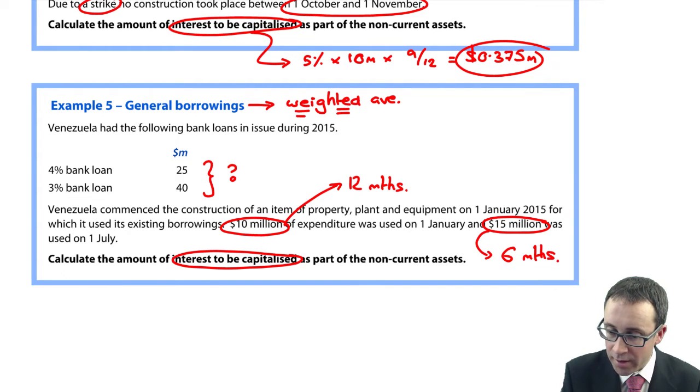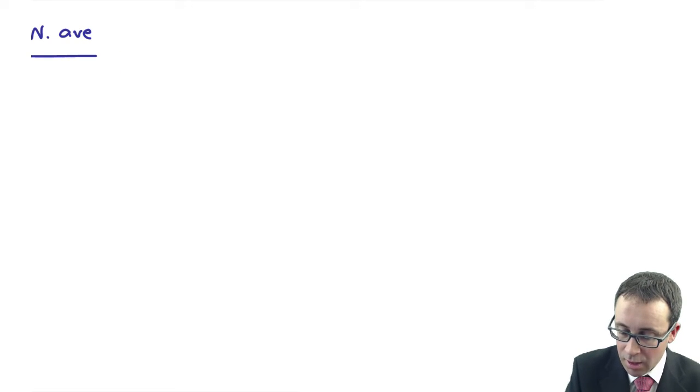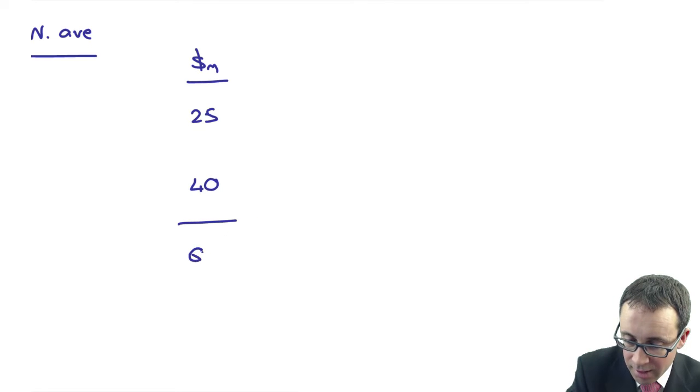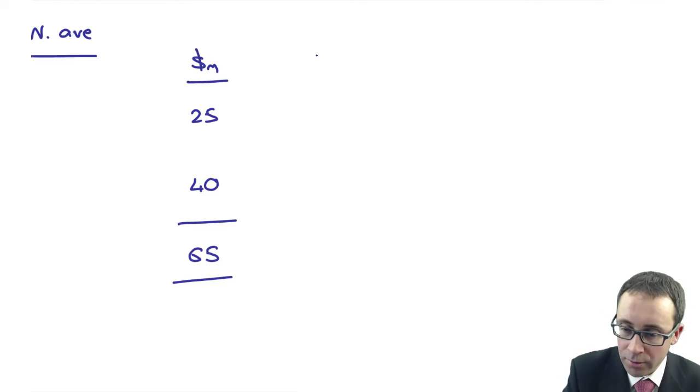So if we go through and look at the weighted average, we have 2 loans. One loan was 25 million, the other was 40 million, so we have 65 million in total borrowed.